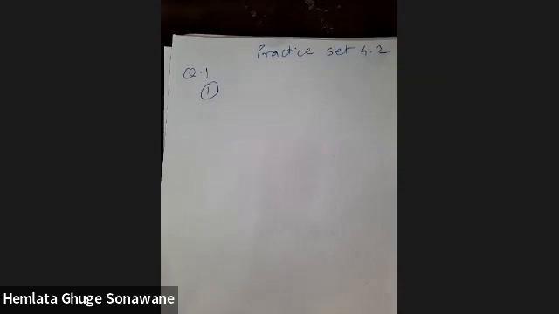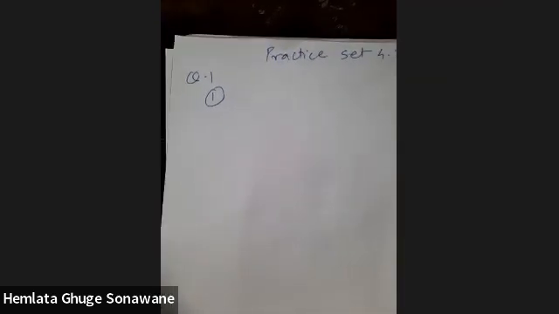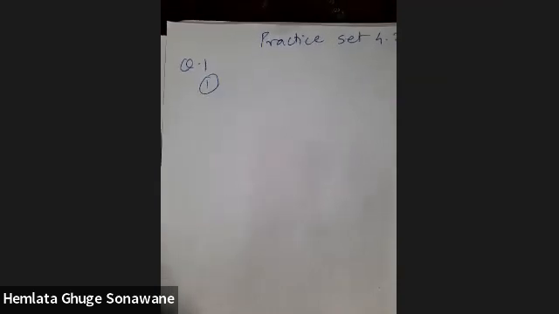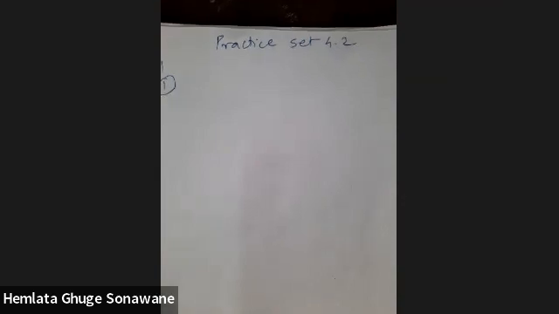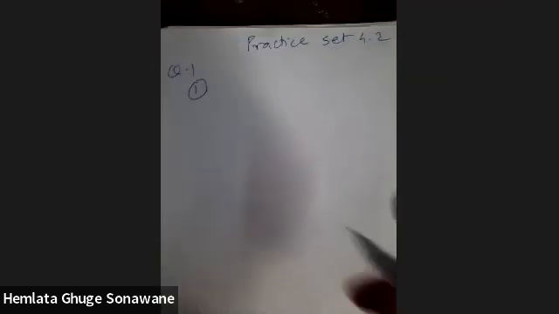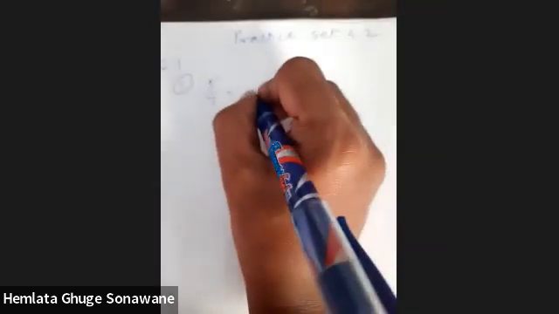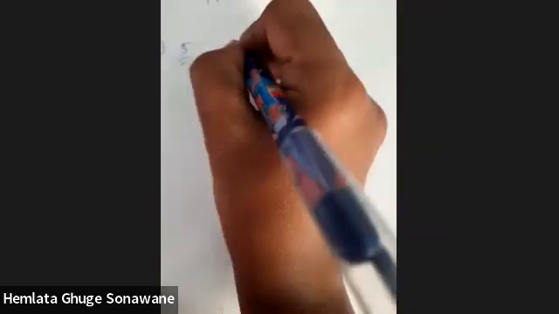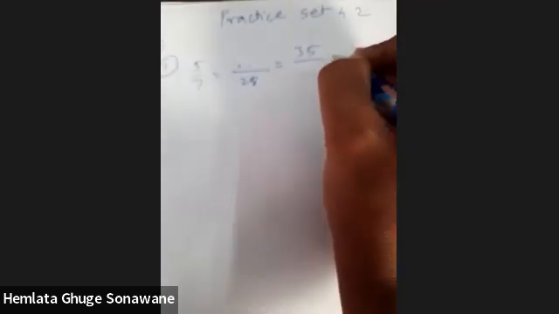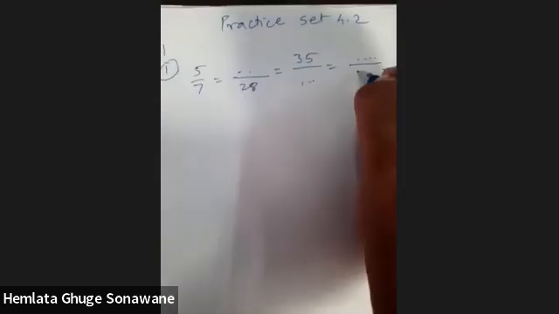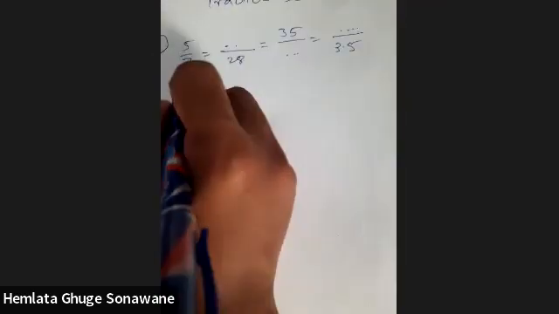Using the property A upon B is equal to A into K upon B into K, fill in the blank substituting proper numbers in the following. Now the first example is 5 upon 7 is equal to dash upon 28, 35 upon fill in the blank, dash upon 3.5.